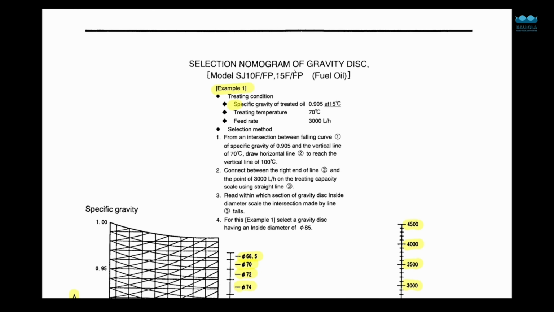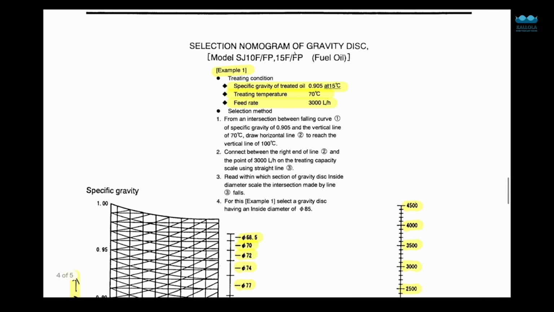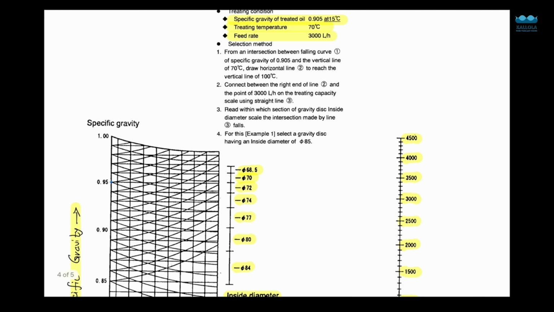Example 1: we are provided with specific gravity of treated oil at 15 degrees Celsius, treating temperature is 70 degrees Celsius and feed rate is 3000 liters per hour.